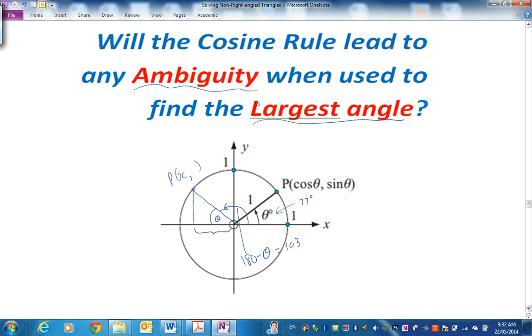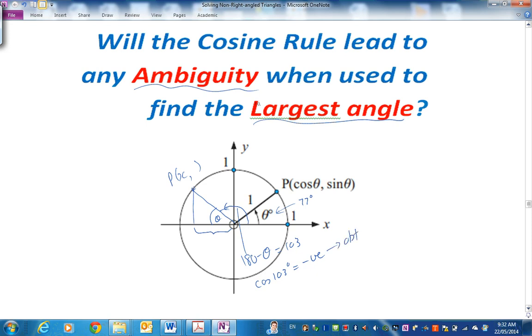Okay, will you be able to pick that up with the cosine? Yes, you will, because the cosine of 103 in the next quadrant will be a negative. And when you put that calculation on the calculator for the cos, you'll have a negative, and the calculator will give you an obtuse angle.